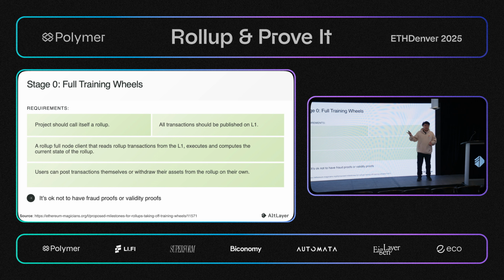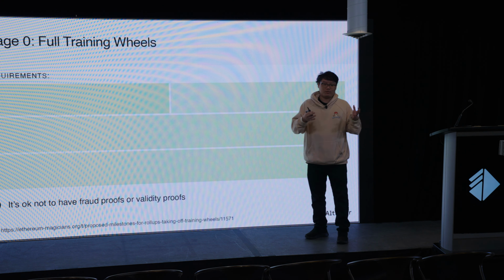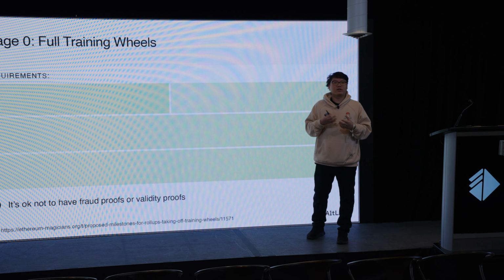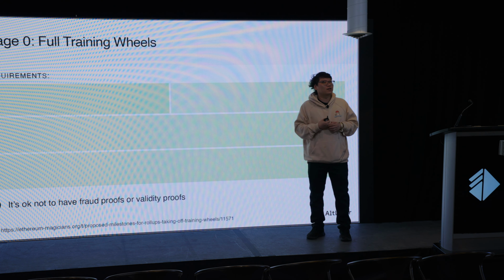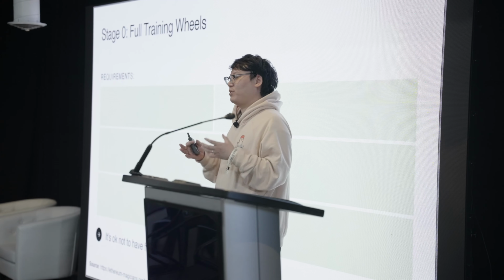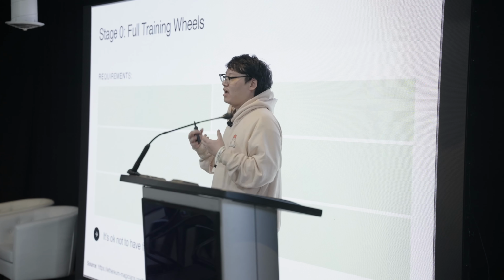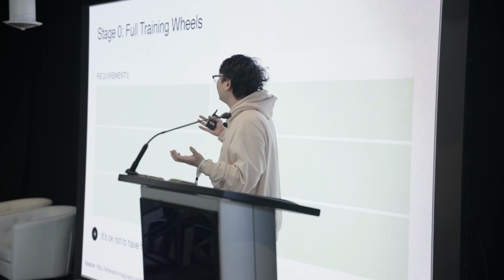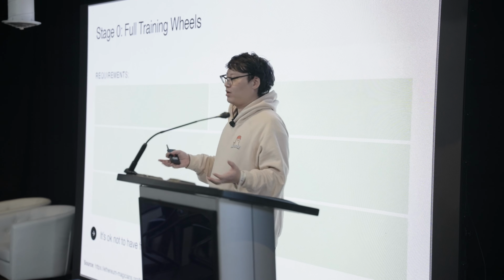For stage 0, we don't really have any specific requirements for the rollup. That means if you just have a single sequencer, a machine that helps you sequence and process the transactions, and regularly post a state root hash to the L1, then we typically call it stage 0, a fully training-wheel rollup.